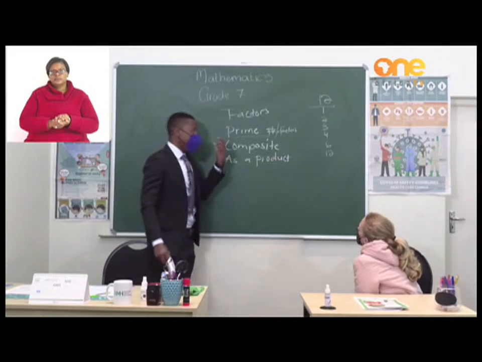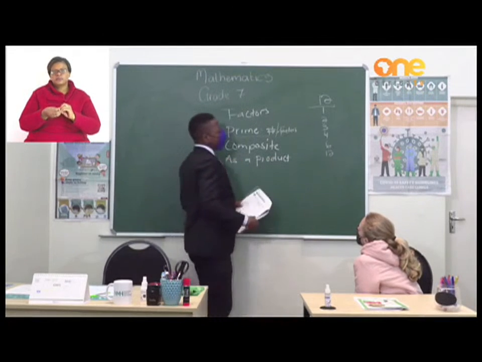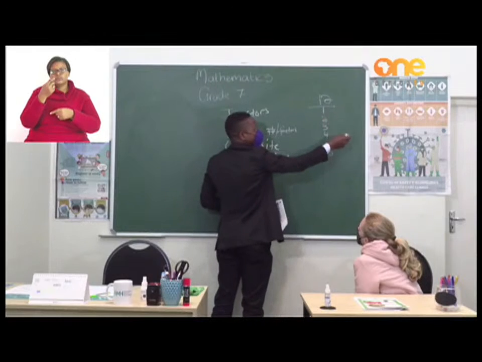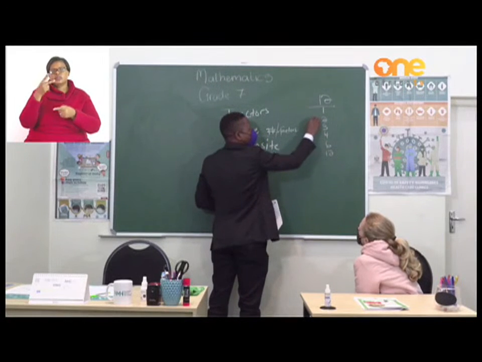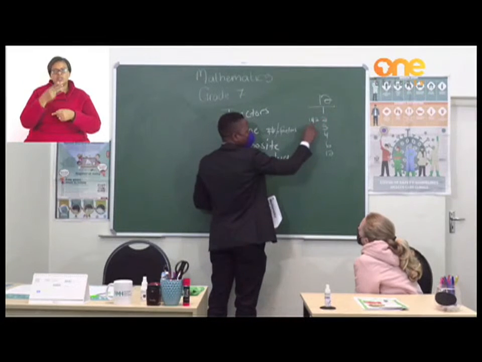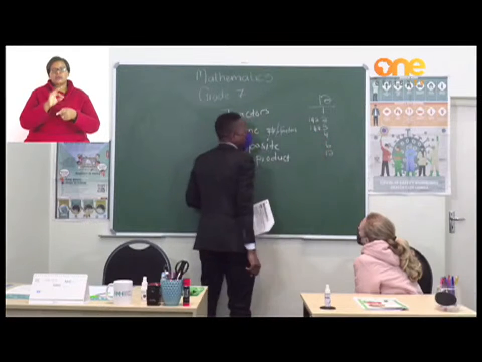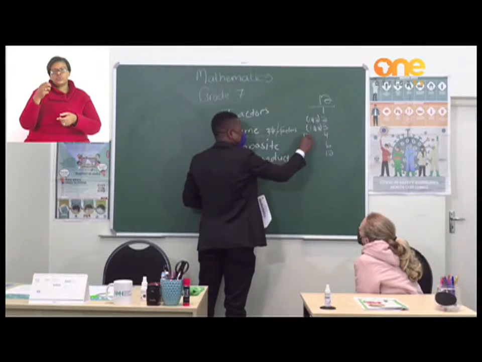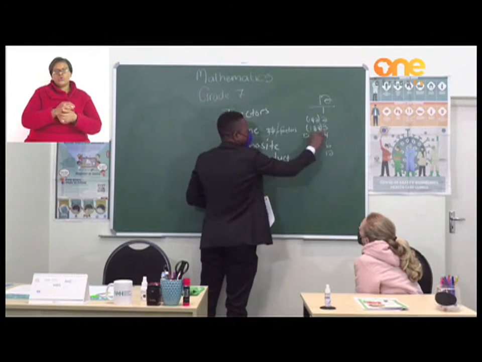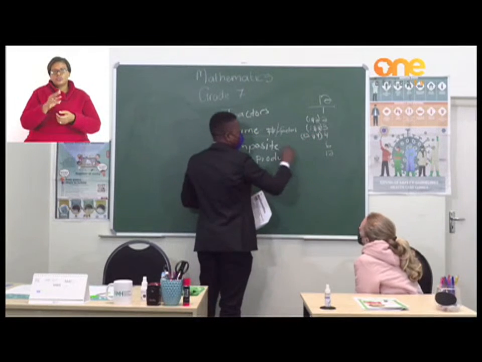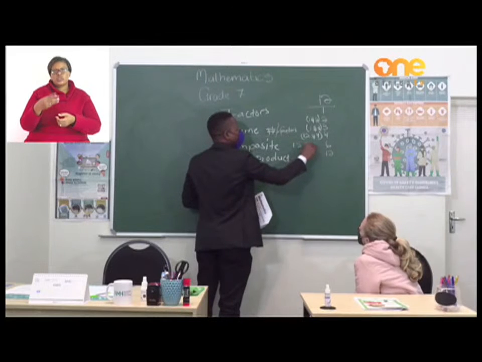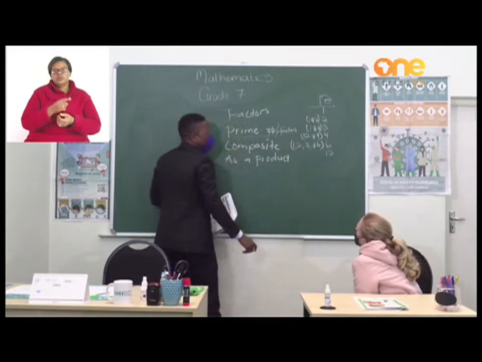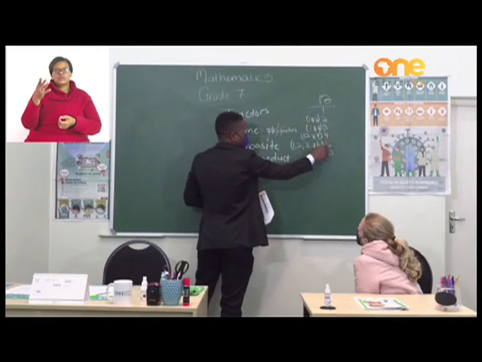A prime number is a number with only two factors. Let's look at the factors of 1. 1 has only one factor, which is 1. 2 has two factors, which are 1 and 2. 3 has 1 and 3. 4 has 1, 2, and 4. 6 has 1, 2, 3, and 6. 12 has 1, 2, 3, 4, 6, and 12.